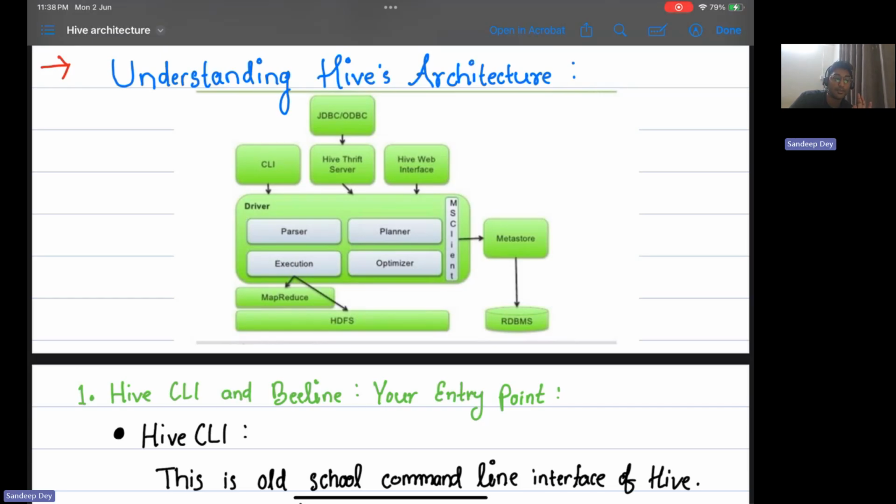This metadata is crucial because it tells Hive about the structure and organization of your data. That's why it's very important.